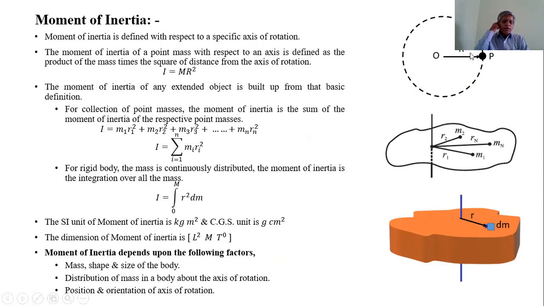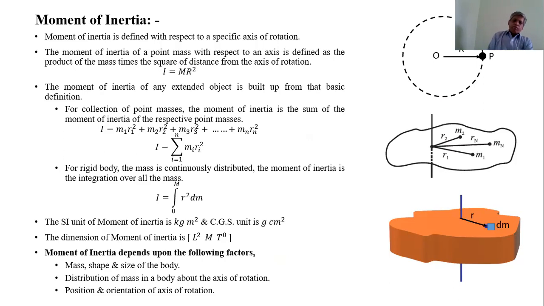If this single particle has a mass M and r is the distance of this particle from the axis of rotation, then the moment of inertia of the single particle is equal to m into r square. This is the expression for the moment of inertia of a single particle.